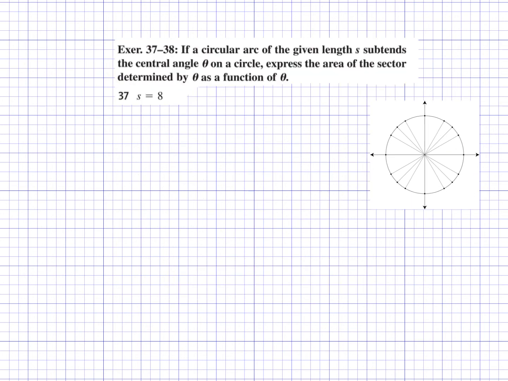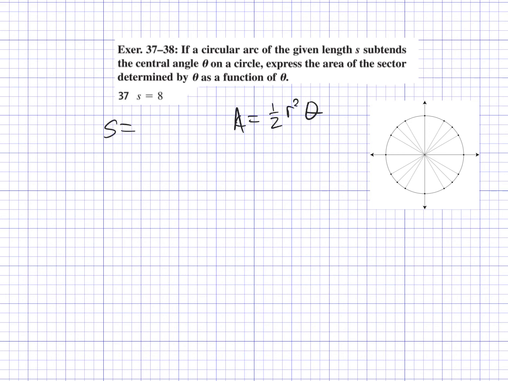All right, cool. Same type of thing. A circular arc of length S subtends the central angle theta on a circle. Express the area of the sector determined by theta as a function of theta. Okay, so what it means is it wants to know the area, and you have to solve for r in terms of theta. So area equals 1/2 r squared theta.